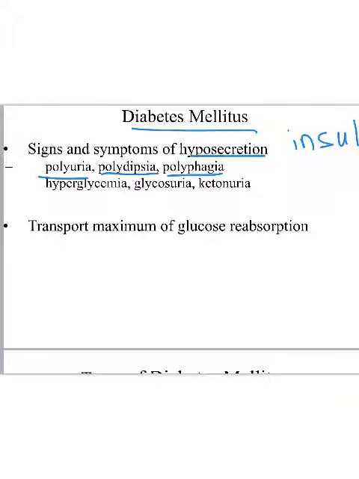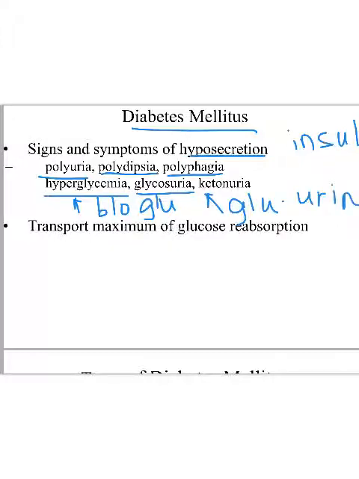What will happen is the glucose is not getting picked up and put into the cells or stored. So we end up with hyperglycemia, which is an increase in blood glucose. Glucoseuria is glucose in the urine, and ketonuria is ketones in your urine.